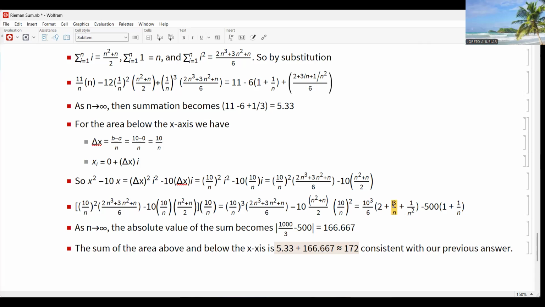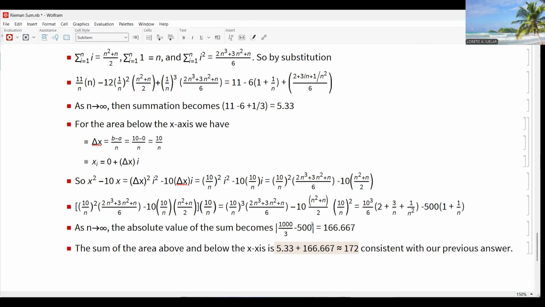So this becomes zero as n approaches infinity. This one is also equal to zero. So as n approaches infinity, we take the absolute value of the sum, because this one is negative: 1000 over 3 minus 500 is negative. So the absolute value of that is 166.667, because that's the area below the x-axis, so that becomes negative.